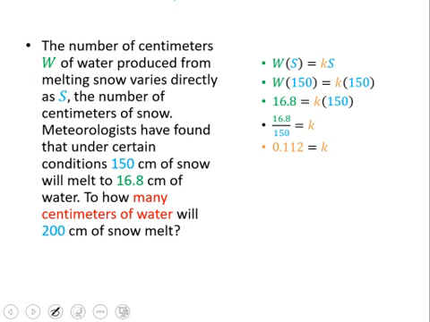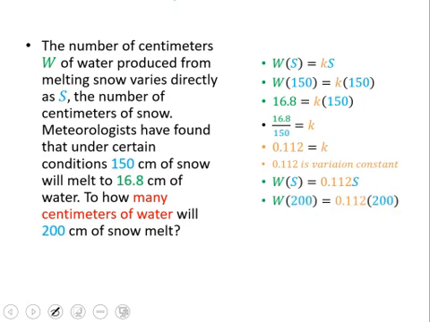Okay, so now what would our equation look like? Our equation will look like W(S) is equal to 0.112S. That would be the equation of this function. And that 0.112 is our variation constant. It's how it's varying. So now we have that equation.